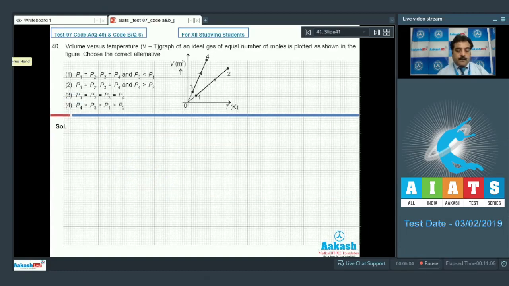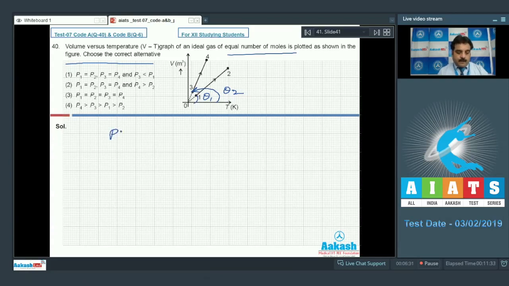In question number 40, the volume-temperature graph of an ideal gas with an equal number of moles is plotted as shown in the figure. Choose the correct alternative. So this is the graph. If I take one angle as theta 1 and another angle as theta 2, pressure is constant in both processes according to the problem.